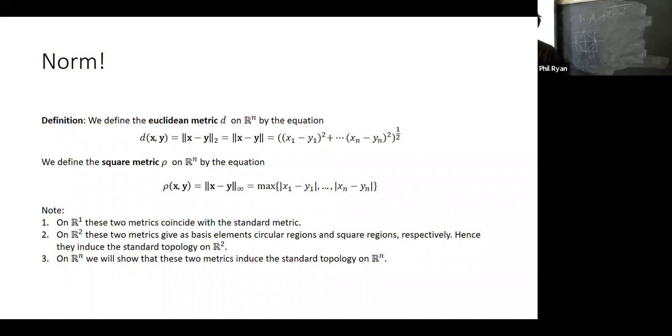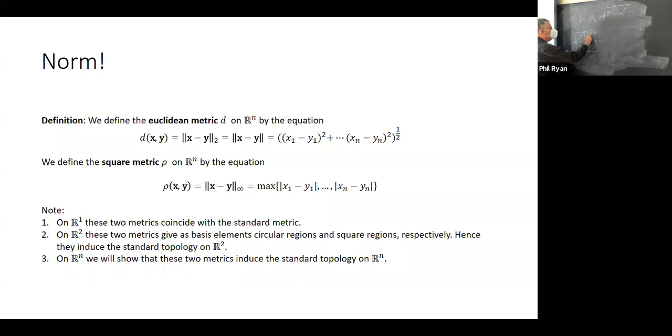The one norm is just the sum of the absolute values of the differences of the coordinates. And then any p between 1 and 2 will look like in here, and any p between 2 and infinity would look kind of like that.